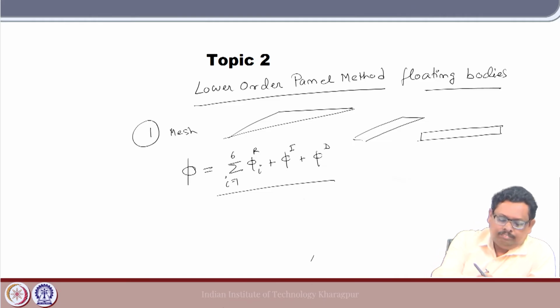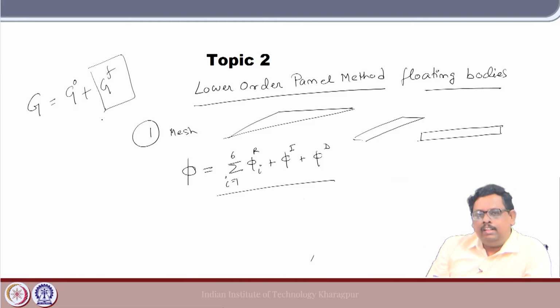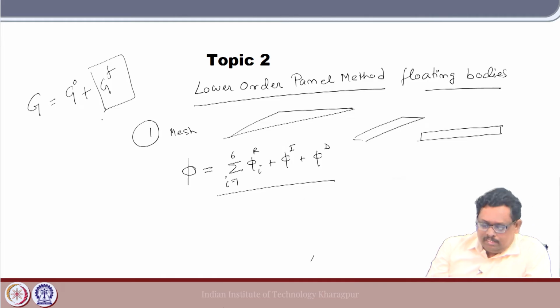Also here we discussed the Green's function G, which is a collection of G0 and then GF. We did not talk much about this because it is fairly complicated and very mathematical to find out. So, we did not touch much on the free surface Green's function, right.